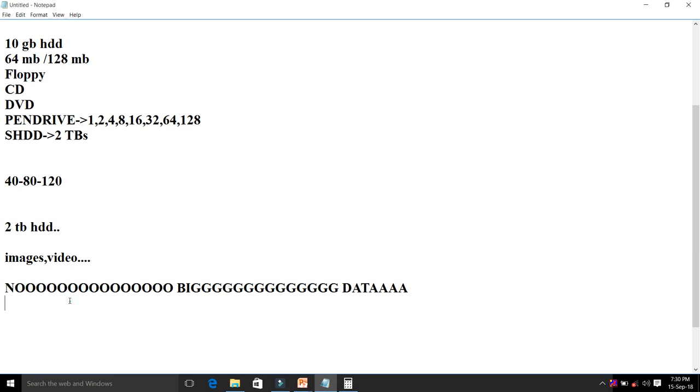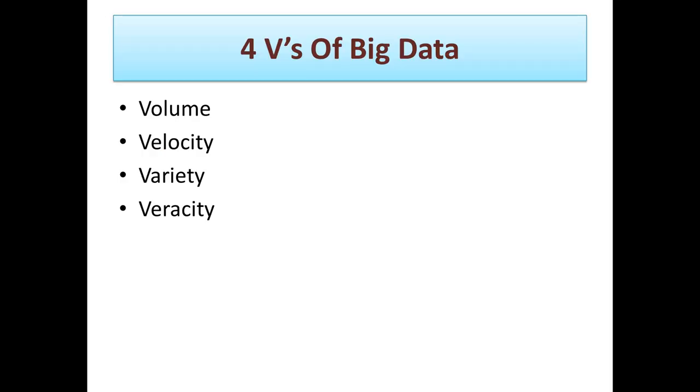Volume is nothing but the large data set, right? Velocity is nothing but the speed of data, or how frequently data is generated. So velocity is the speed of the data, which is always increasing.